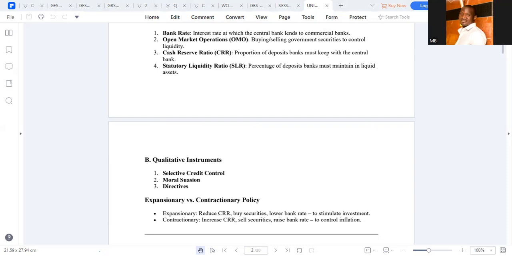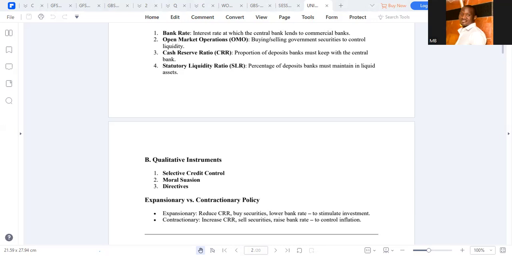So it uses these tools to ensure that credit is used productively. We're not looking at volumes now. We're using instructions. These tools will either boost a certain sector of the economy, okay, SME, agriculture, and also discourage credit to flow in certain sectors, no matter how profitable they are.